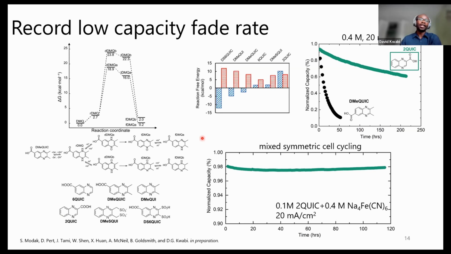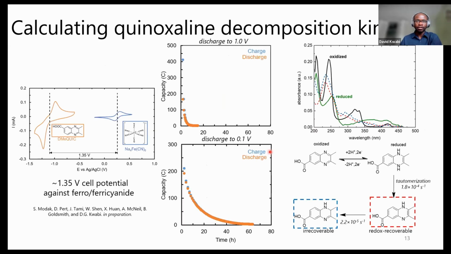Yeah. So a lot of that is actually in this paper, which we're about to submit this week. If I go back one slide, I couldn't get to talk about all the mechanistic details here, but essentially tautomerization is a migration of a proton or hydrogen atom along the backbone of the aromatic molecule. So if your proton ends up going from this position to this position, that's essentially what tautomerization is.